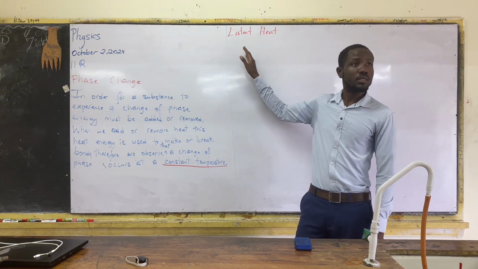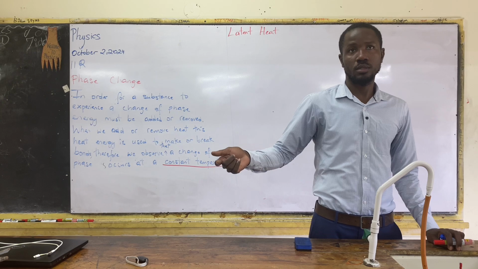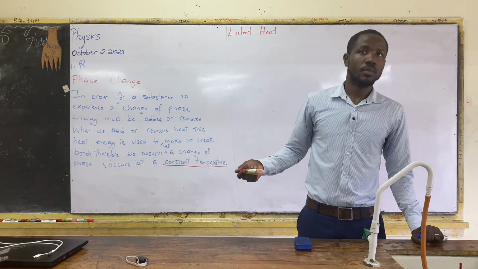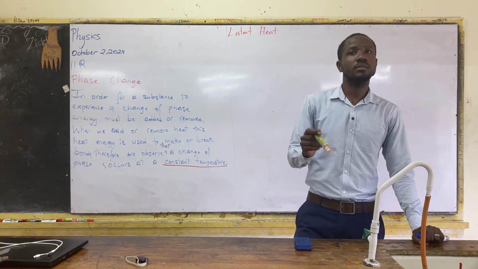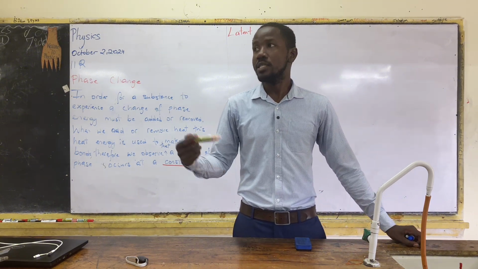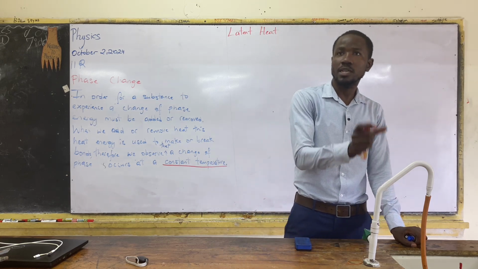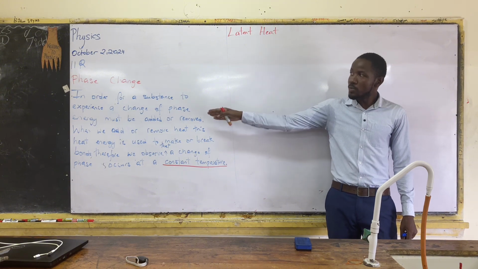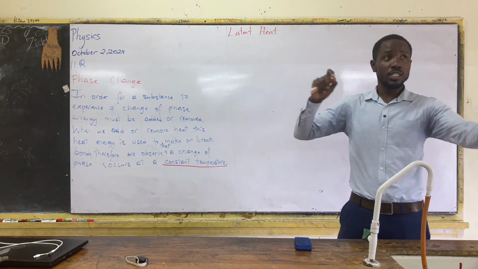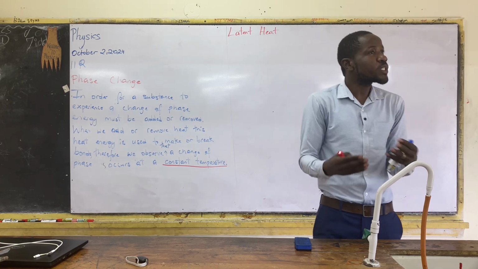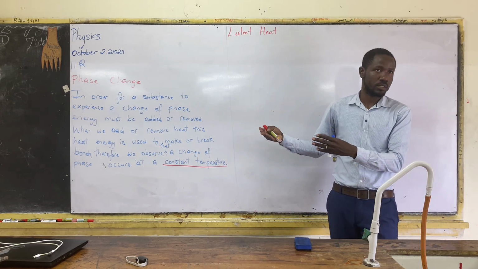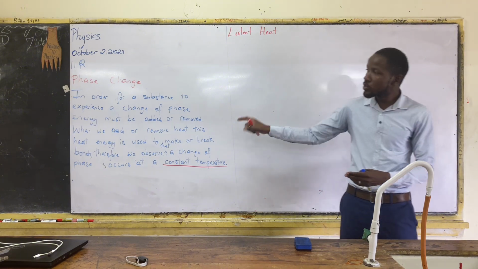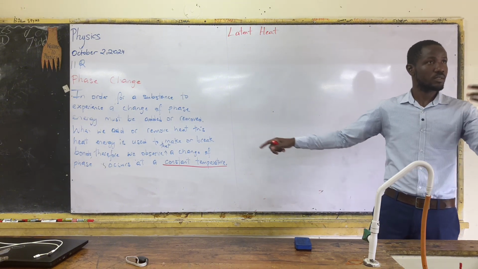Now the word latent is actually a Latin word which means hidden. Because, as we said, when we apply heat energy, we usually notice a change in temperature. In this case, we're applying heat energy while the substance is changing phase, and we're not seeing a change in temperature, so we refer to that as latent heat or hidden heat. We don't see it in terms of the temperature changing. We only observe it due to the change of phase.